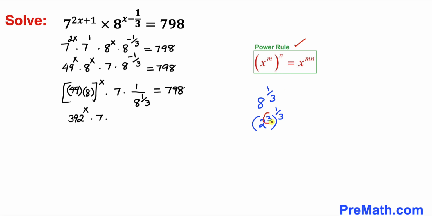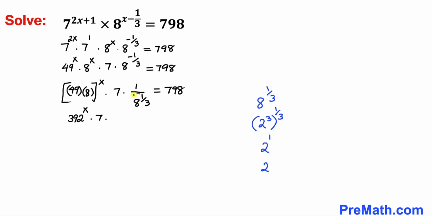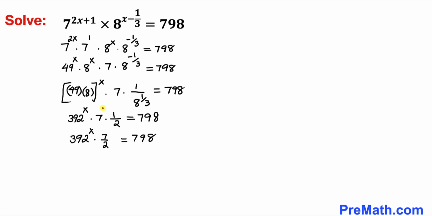We are going to multiply out these two nested exponents. I'm going to replace this 8^(1/3) as 2. So therefore this is times 1 divided by 2 equal to 798. And here in this next step, 7 times 1 over 2 could be written as 7 divided by 2.